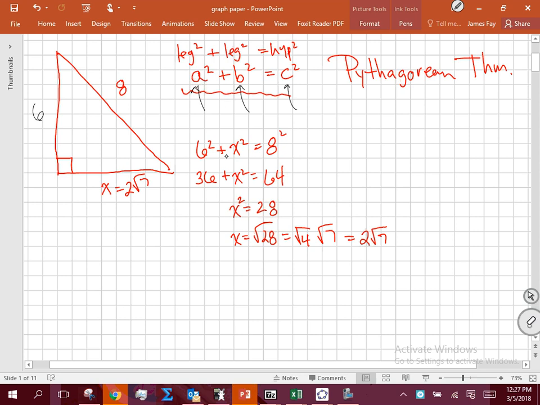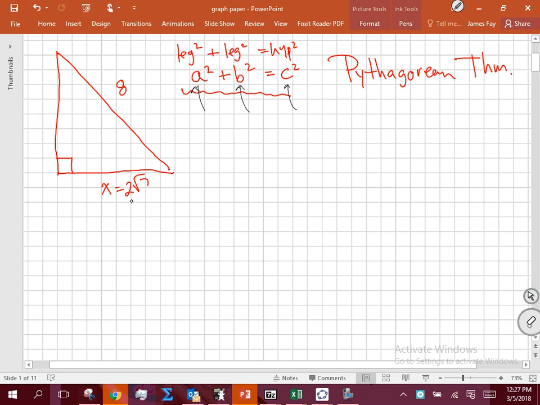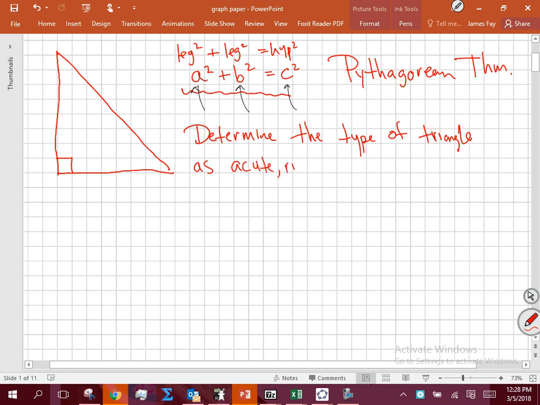What if I asked you this question? What if I said, determine the type of triangle as acute, right, or obtuse, based only on side lengths.